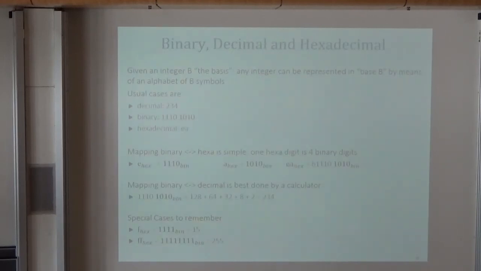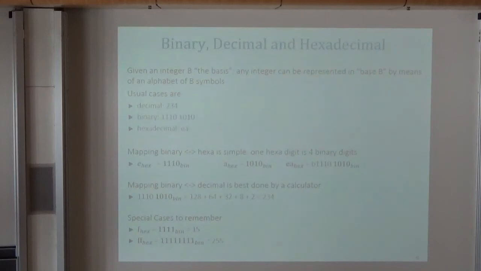Numbers to remember: all 1s in binary is FF, because F, the last digit in the hexadecimal system, which is the number 15, corresponds to 4 bits equal to 1. And if you do it twice, that gives 255.